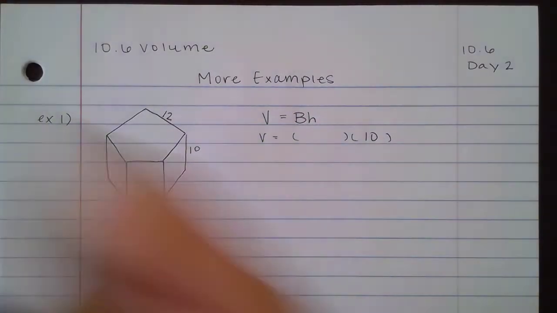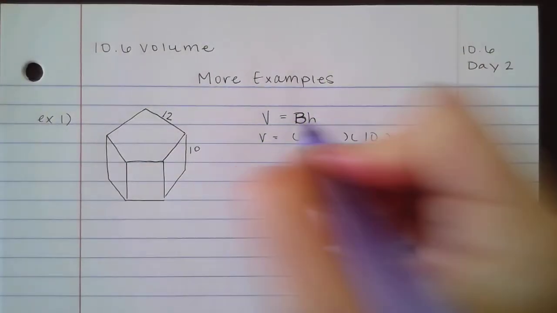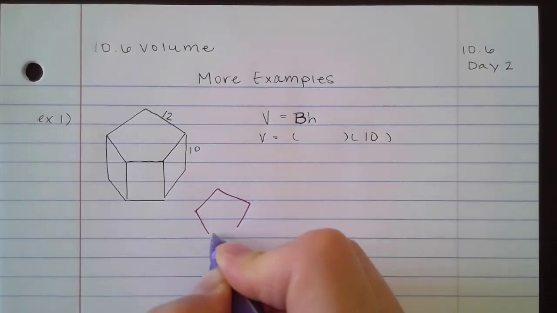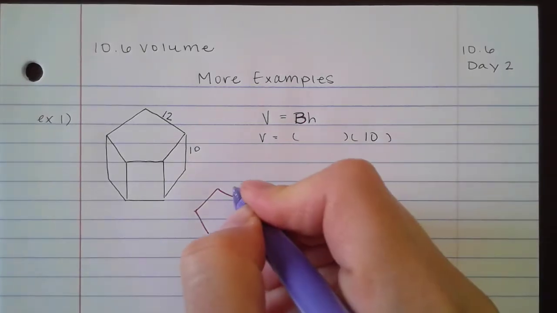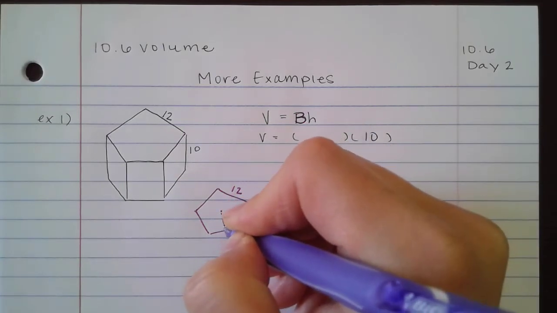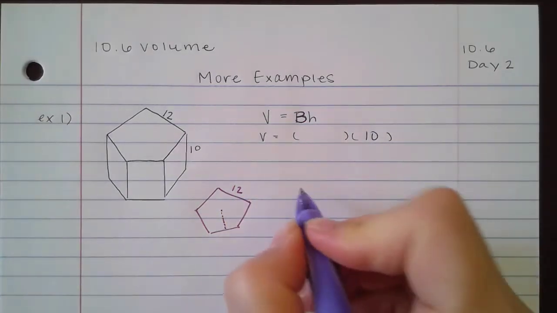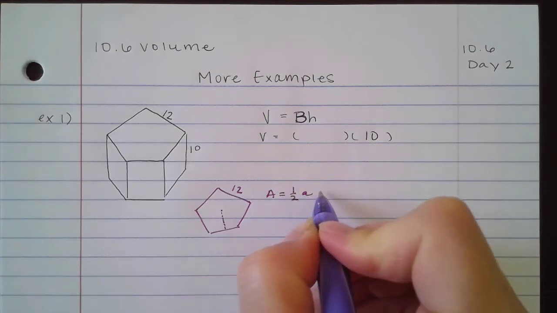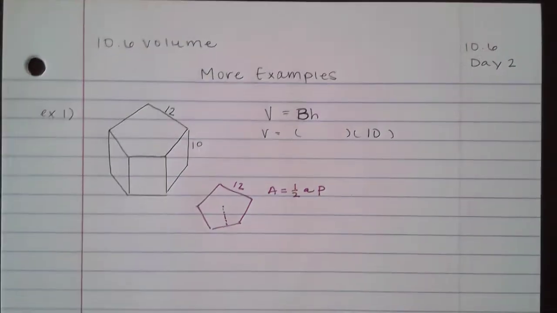If I'm looking for the area of my base, well, it's a pentagon. Oh, that's not a great pentagon. That's fine. The sides are all 12. I need to know my apothem. That's what I need to find. The area of my base is 1/2 times the apothem times the perimeter.